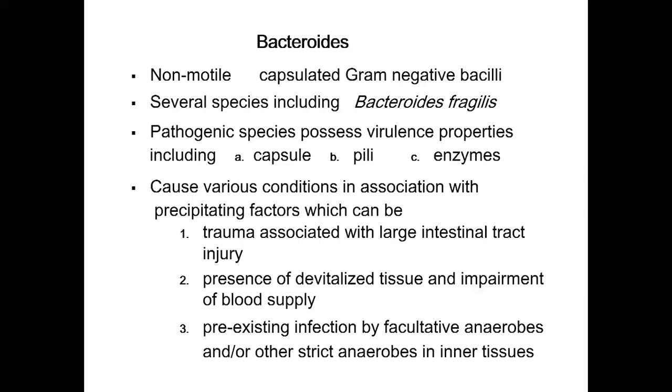Then where there is an infectious process already going on, that is a pre-existing infection, and the organisms causing it are facultative anaerobes and other strict anaerobes, one type or the other in inner tissues, then Bacteroides can also get involved in that infectious process. So one ends up with a mixed infection. So the presence of those organisms is an important precipitating factor for it.